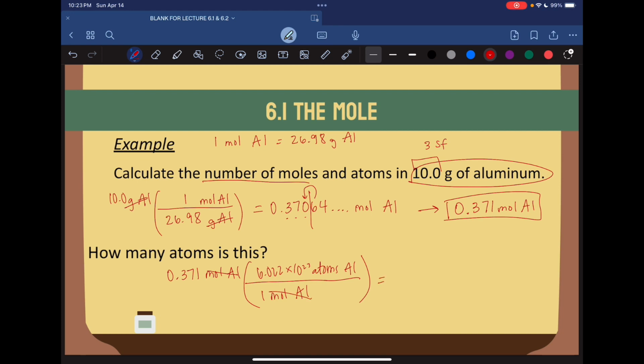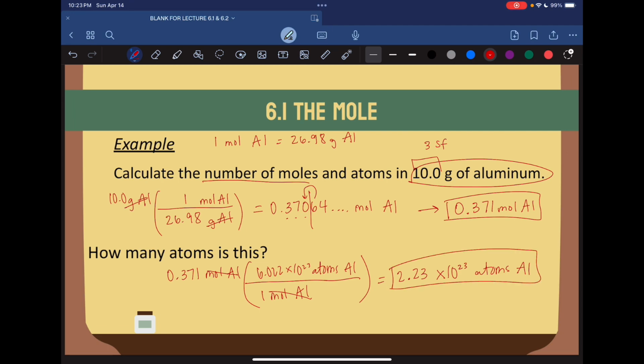And what am I going to put into the wonderful calculator? Well, I'm going to put 0.371 times 6.022 times 10 to the 23rd. I know dividing by 1 doesn't change anything, so I'm not going to put that in the calculator. And I'm going to round my answer to 3 sig figs. So 2.23 times 10 to the 23rd atoms of aluminum.